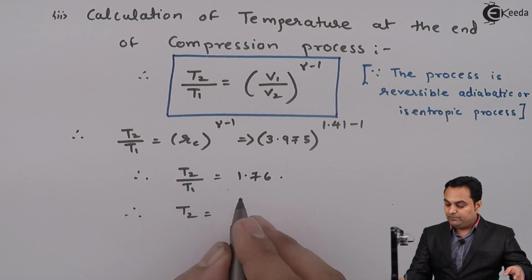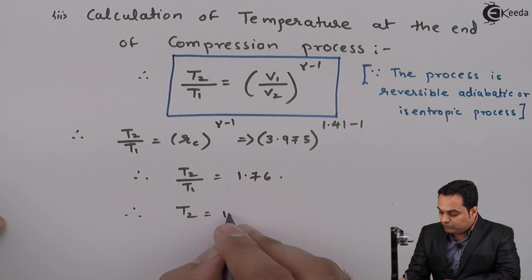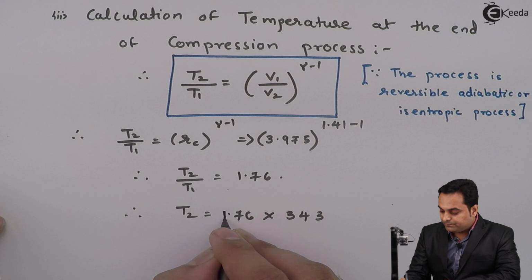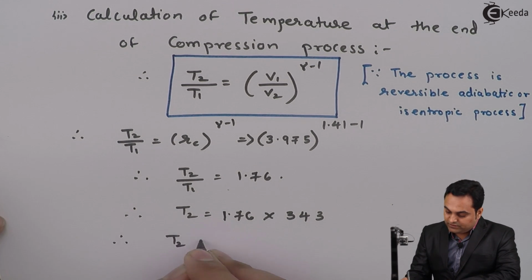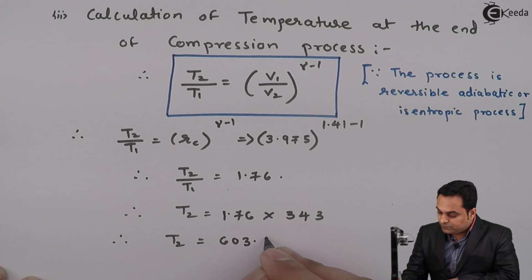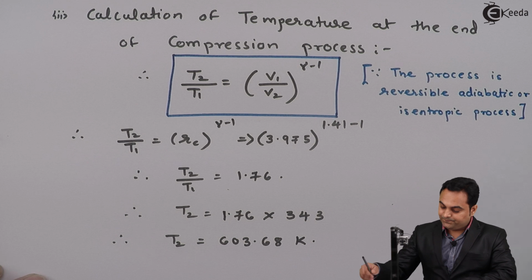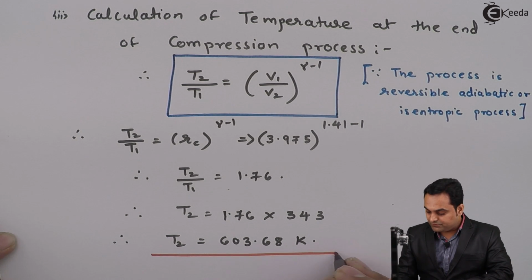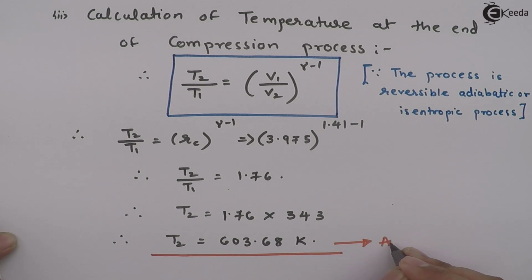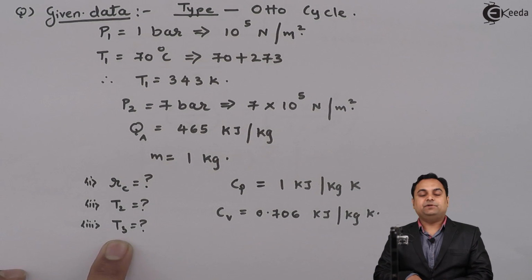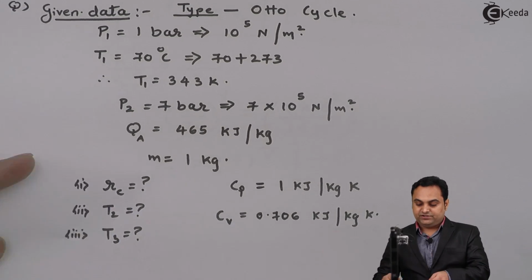So 343 will be multiplied here, that is 1.76 into 343, and hence the answer T2 comes out to be 603.68 Kelvin. This is the temperature at the end of the compression process, and our second answer. After reaching here, the last question was to calculate the temperature at the end of heat addition, which is T3.